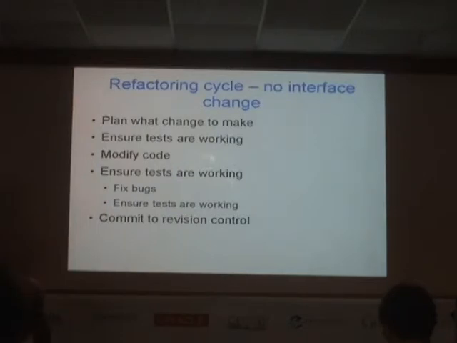And since you have made no interface change, that actually means that you don't need to change your tests. And then, of course, if your tests aren't working the first time, you go through the cycle fixing bugs and then ensure your tests are working. And then you commit this to revision control. So you have one entity of change in your revision.